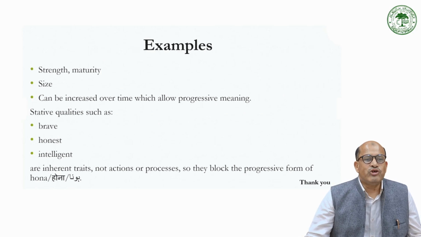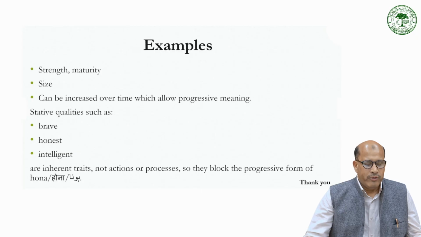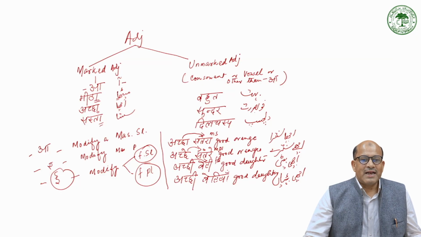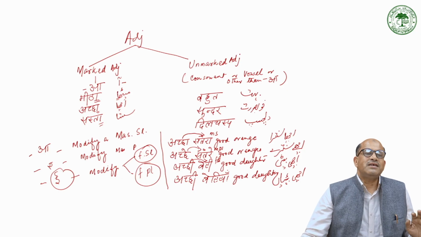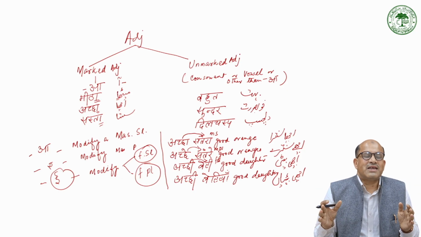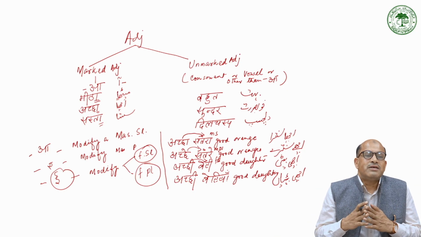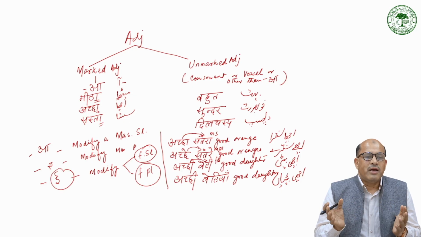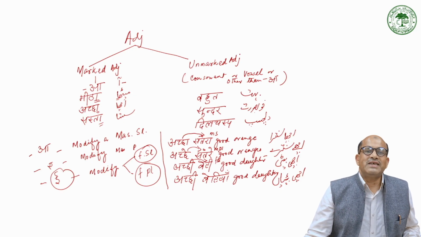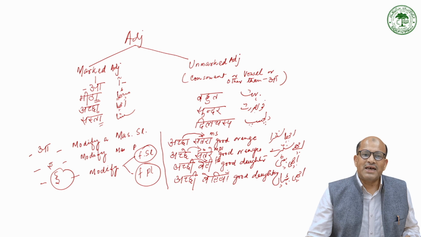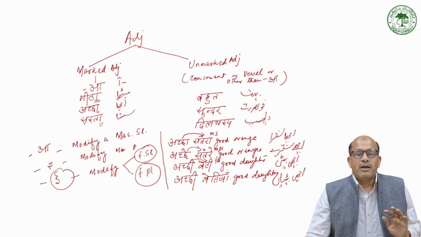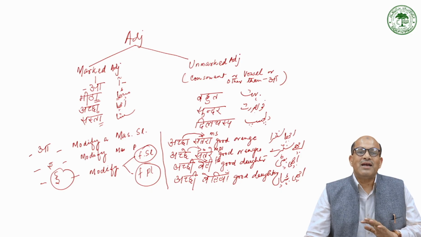Now the only thing that you need to remember here for the adjective is the chart I have shown you. If you know this part of the adjective, you will easily survive and get a good grade in the examination. So the basic adjectives to understand are marked adjectives and unmarked adjectives. Marked adjectives end in a, like meetha, acha, sasta. Unmarked, any ending on consonant or vowel other than a, comes under this category.